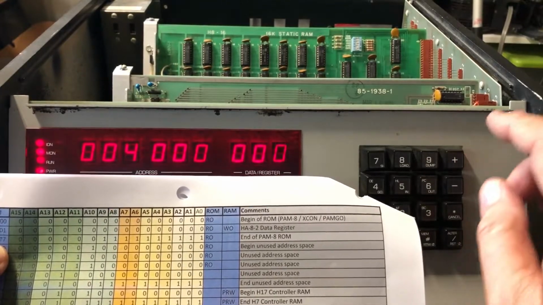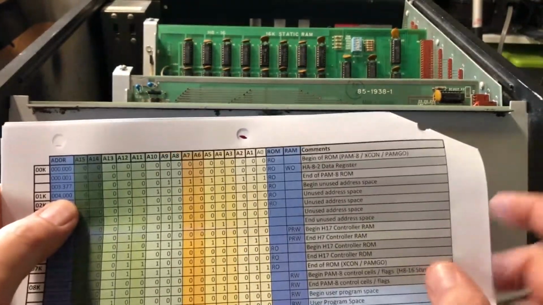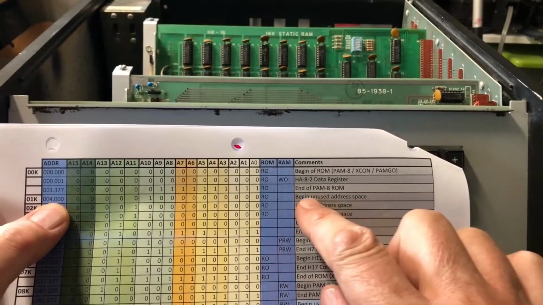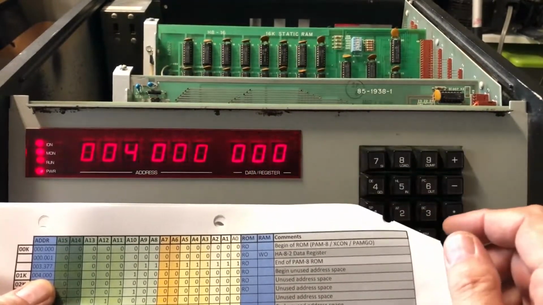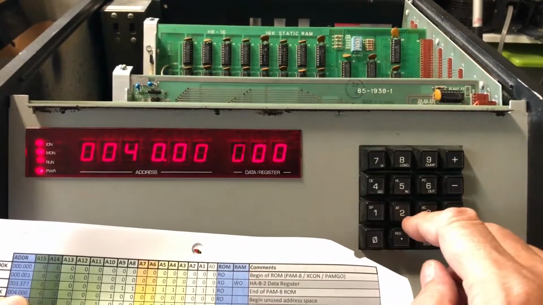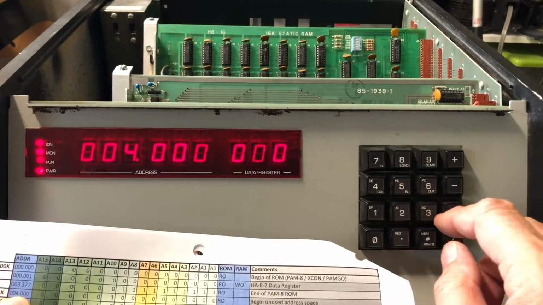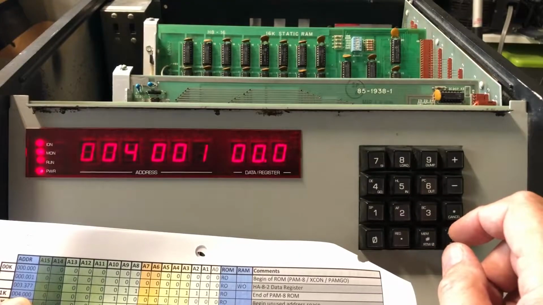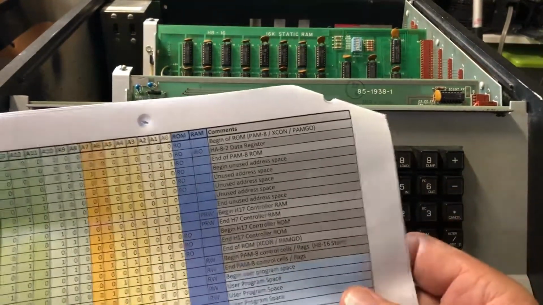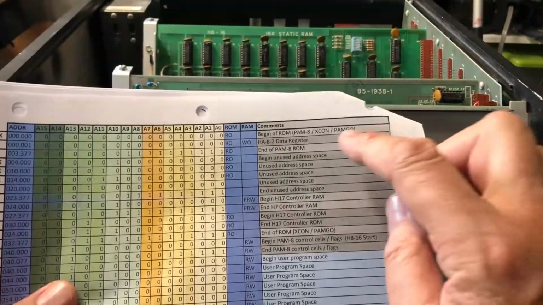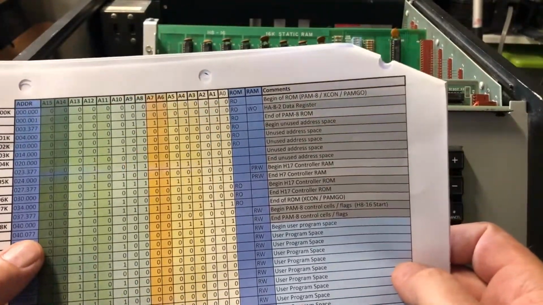When we roll over here to address 0400, this begins an unused address space on the machine. The bus is coming back with all zeros. If I try to alter this byte and put in, say, a 377, and step back, it's still 0. There's no RAM at that location. That unused address space runs all the way up through 040000.